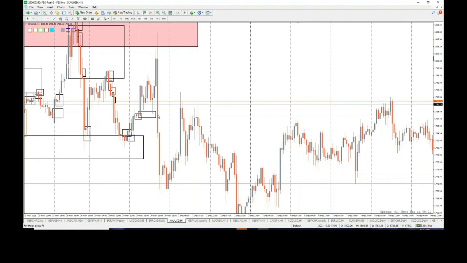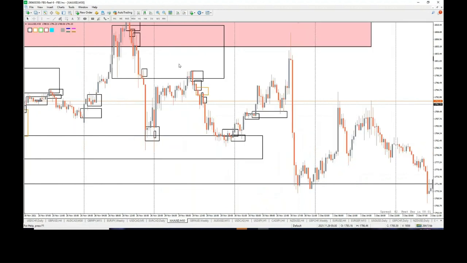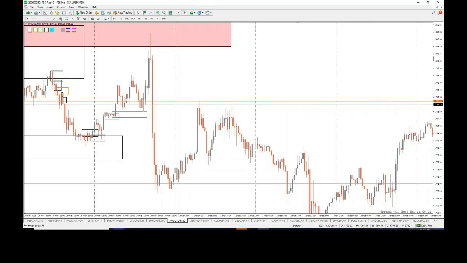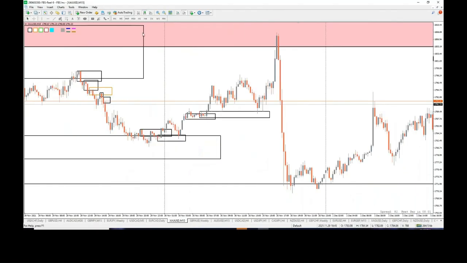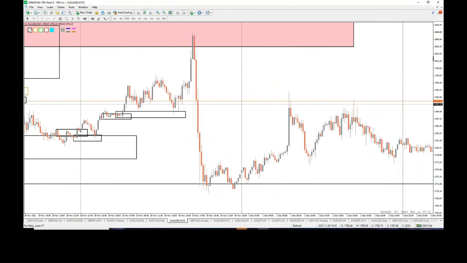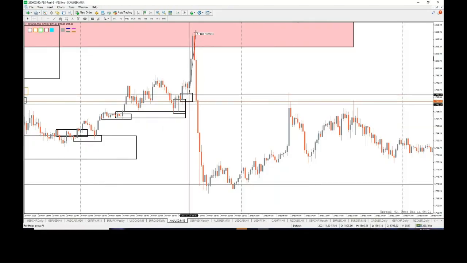This is your third entry, I think. H1 zone, you can wait for M30 or M15 to make an engulfing buy to lower your risk. Wow, this is an entry inside here.